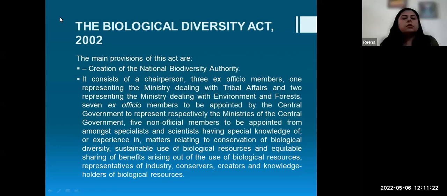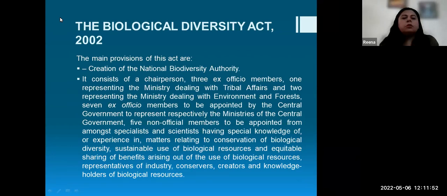This authority, similar to the Central Pollution Control Board, has a chairperson, one person representing the ministry dealing with tribal affairs, and two persons representing the ministry. There are 5 non-official members to be appointed from specialists and scientists. Okay, so this National Biodiversity Authority was not in picture until 2002.